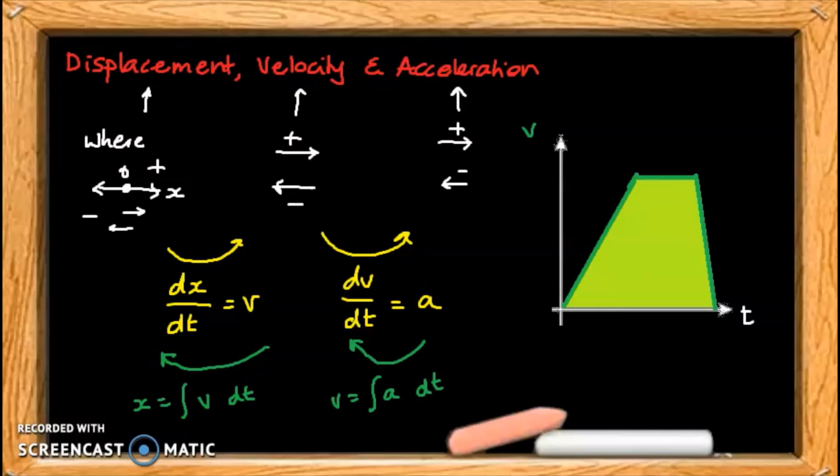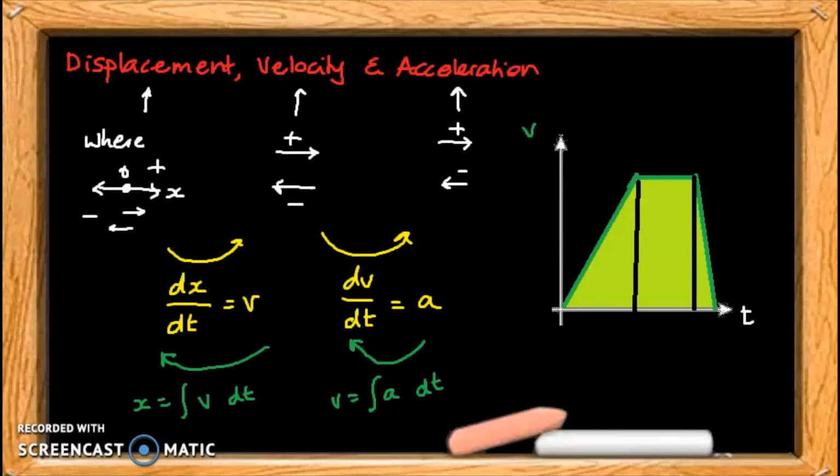So to find that, we would either use integration or we divide this up into sections and add them up. So you can see a straight line velocity time graph allows us to divide this up into a triangle, a rectangle, and another triangle to calculate our displacement.